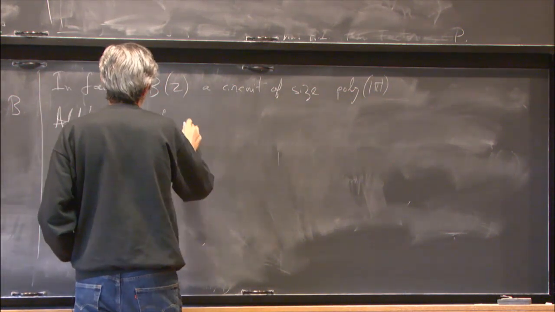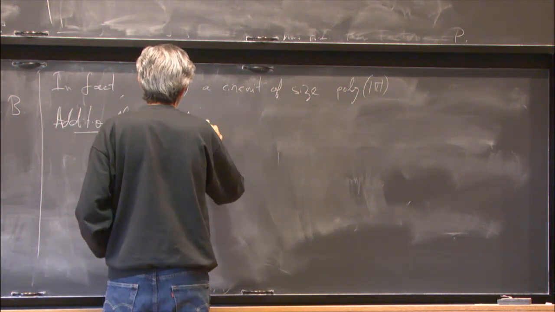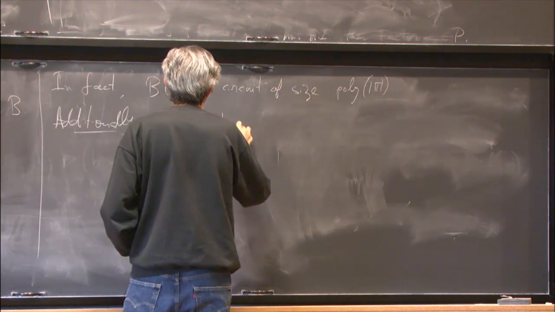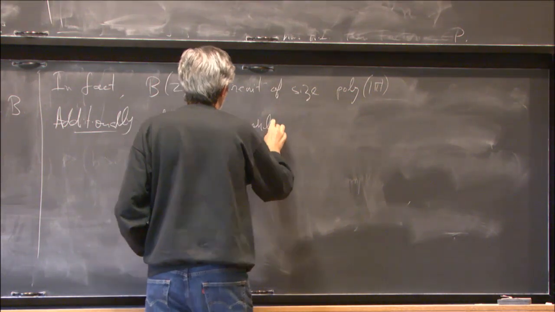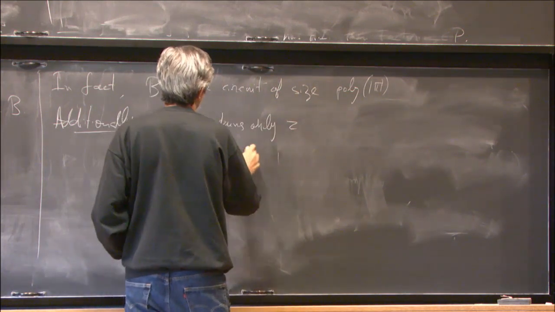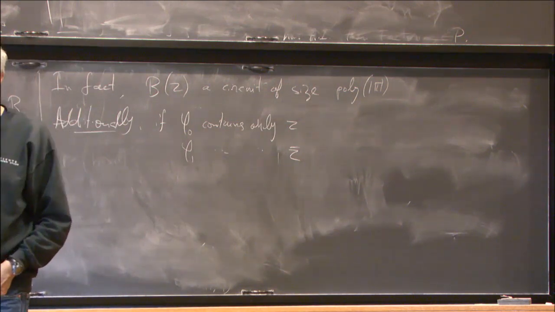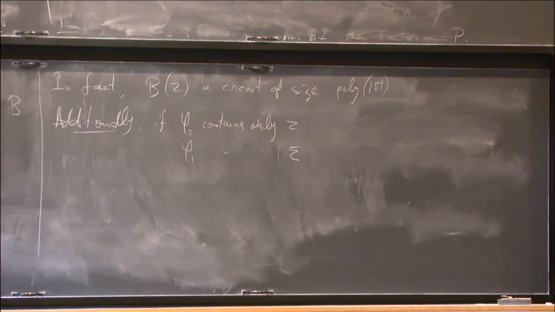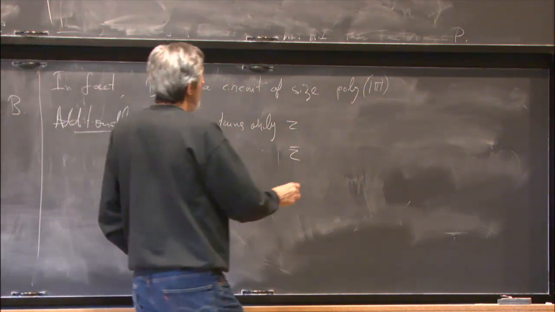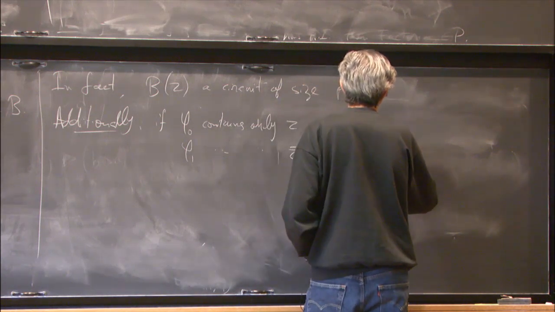Additionally, if phi 0 contains only positive occurrences of Z and phi 1 contains only negative occurrences, so all the occurrences of Z appear positively in phi 0 and negatively in phi 1, then B is a monotone circuit.